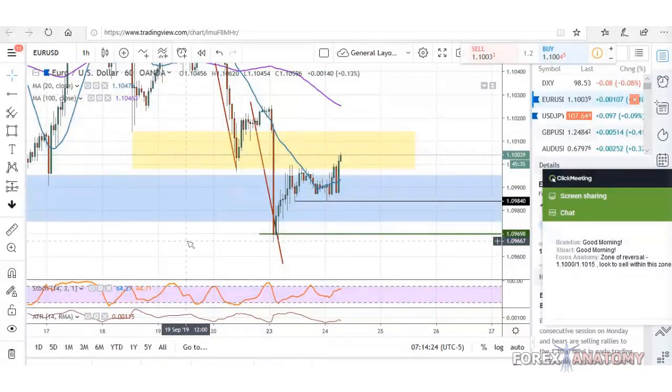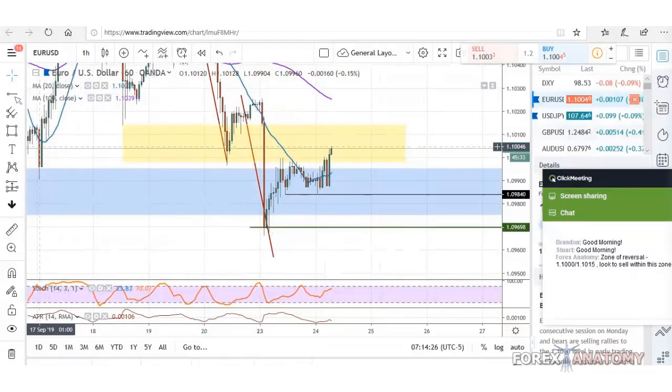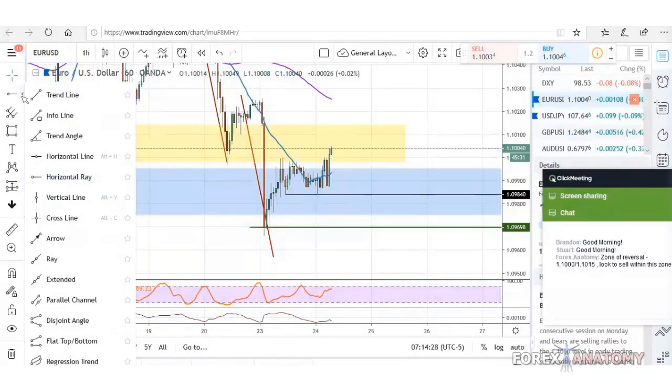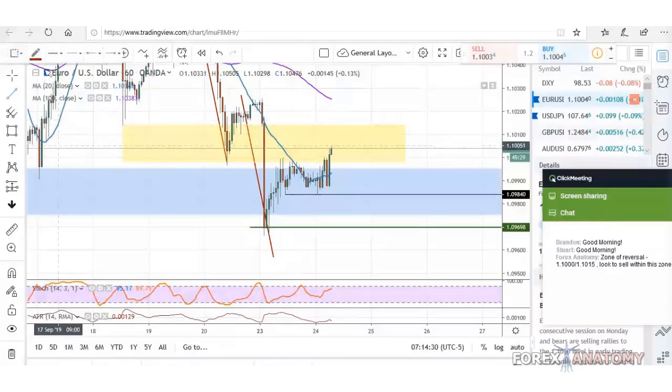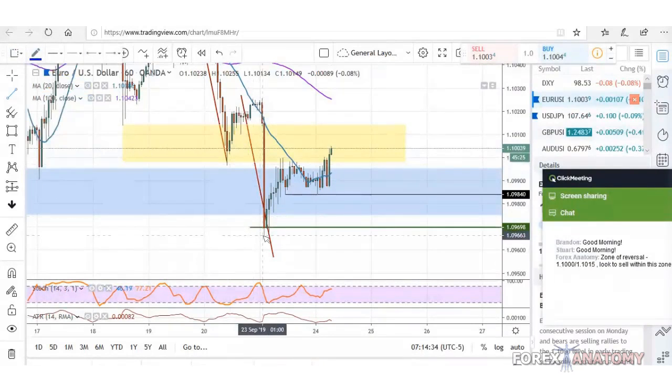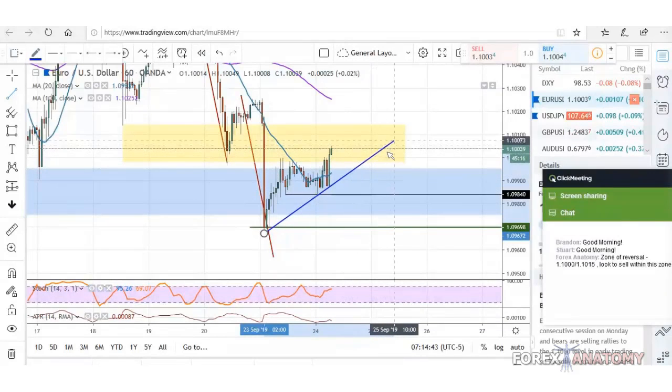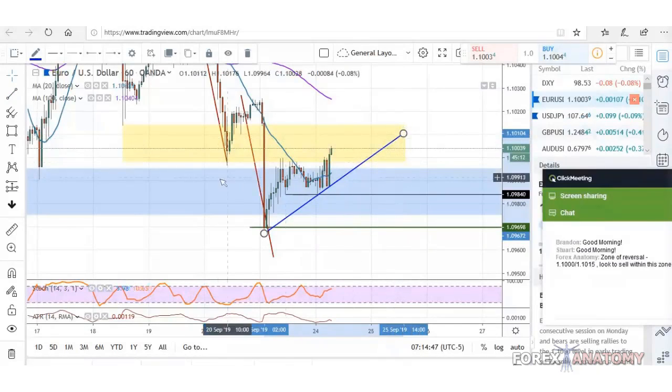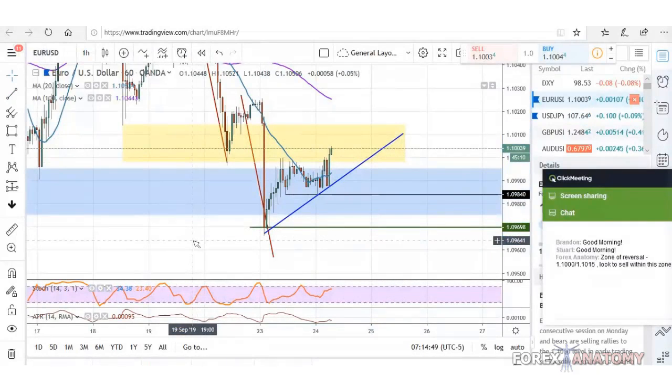Now, one thing I want to do also is point out another way you could decide to engage yourself in this trade. What we can also do is something like this. Let me just draw this in right now. You can wait for price to break below this trend line right here. If you see a break below it, then you can decide to execute that sell if you want to.